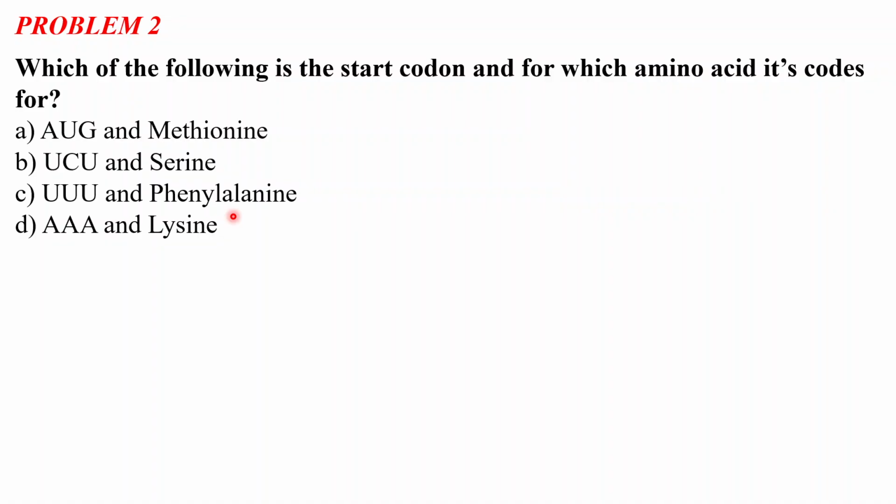Which of the following is a start codon and which amino acid does it code for? Your options are A, AUG and methionine, B, UCU and serine, C, UUU and phenylalanine, D, AAA and lysine.